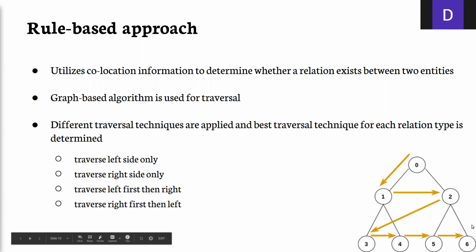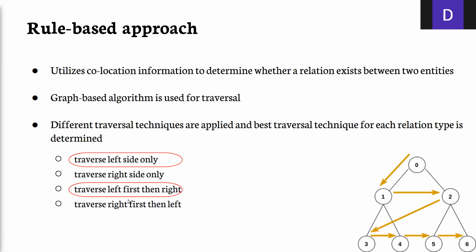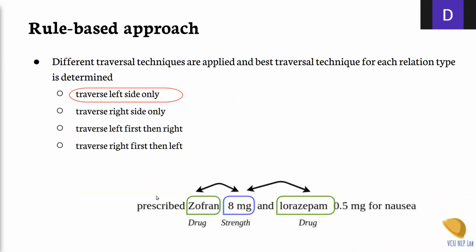So we explored the following traversal mechanisms. Then we report the best traversal mechanisms in our results, which are the left-side-only traversal and the left-first-then-right traversal. Now let's see how the left-only traversal works. The figure here shows an example of a sentence from the dataset.